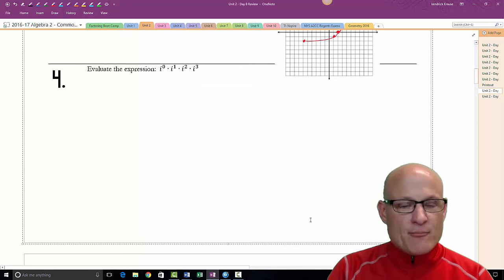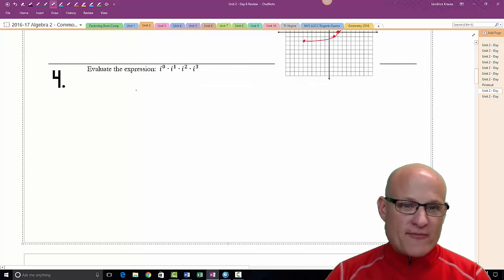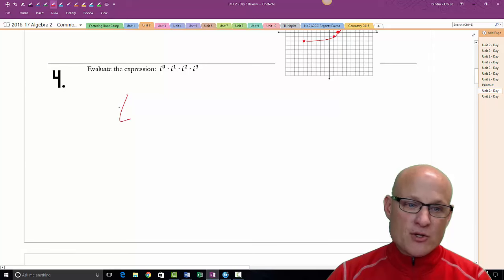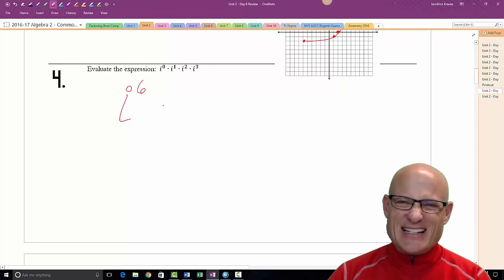All right. Now, should you be able to do this without a graphing calculator? Absolutely. But wait a second. These are just i times i times i times i. What do we do with exponents when we multiply when the bases are the same? We add the exponents. 0 plus 1 plus, that's 3, that's 6. Well, what is i to the 6th?